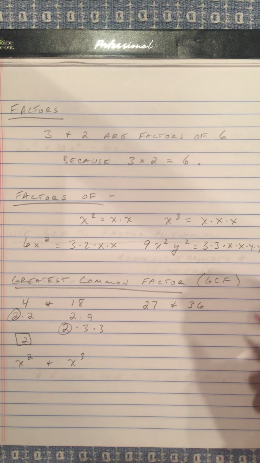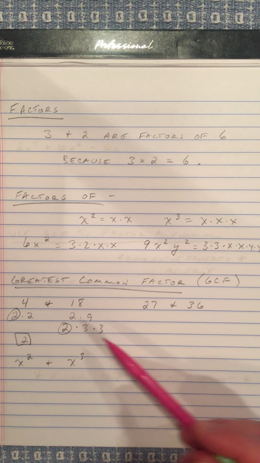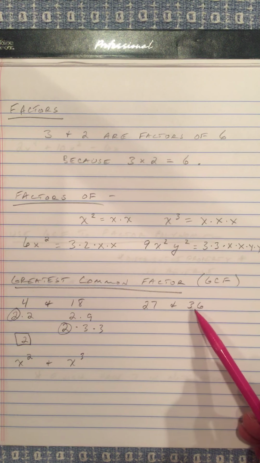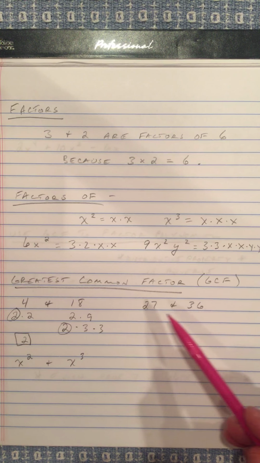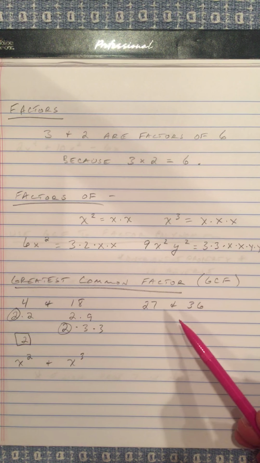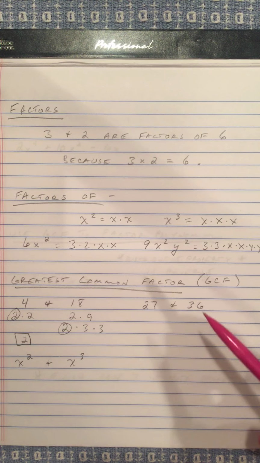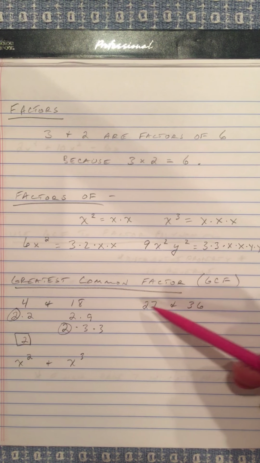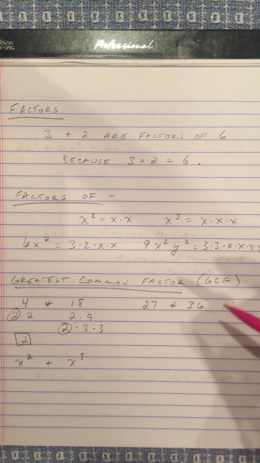27 and 36. You're probably getting the idea of this. Do I need to go all the way down to their prime factors, or can I think of numbers that I know go into both 27 and 36? That's another way to think about a factor, is what both of these are divisible by.